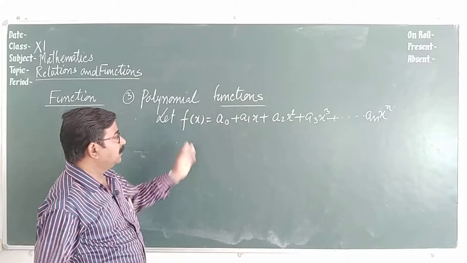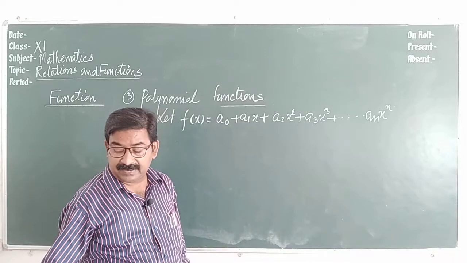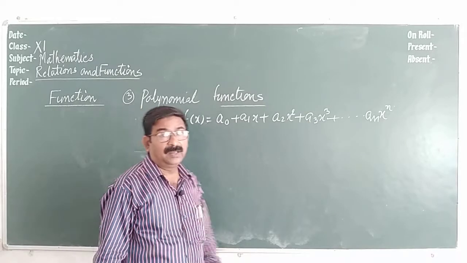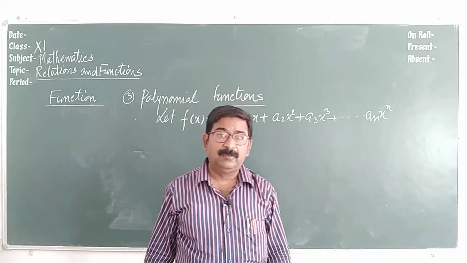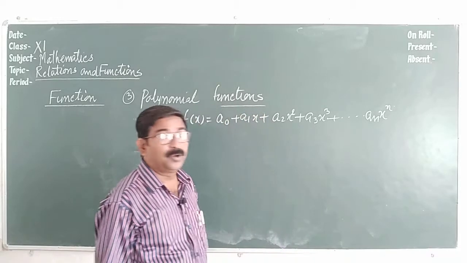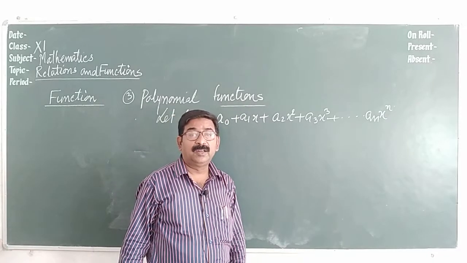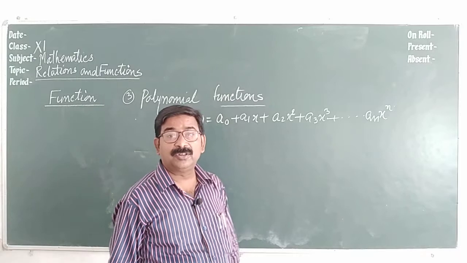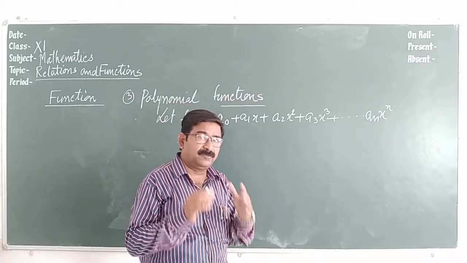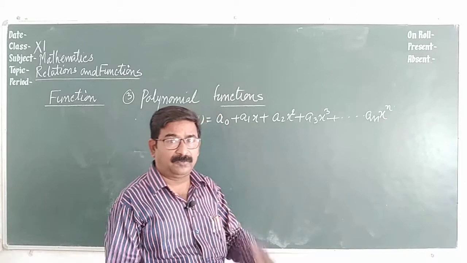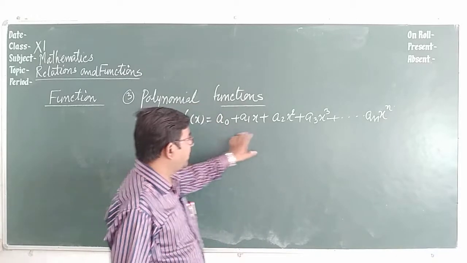I have written this polynomial function. It can be a linear function when the degree of the polynomial is 1. We can have a quadratic function, which means its degree is 2. We can have a cubic polynomial function, which means degree is 3, or degree 4, whatever it is. Means we are talking about a general polynomial function.